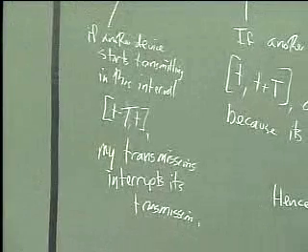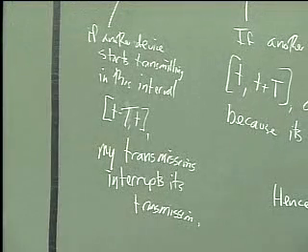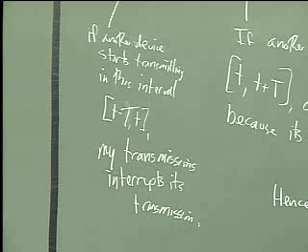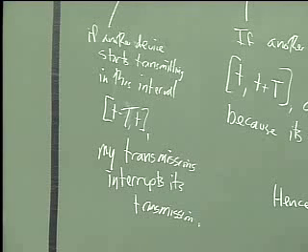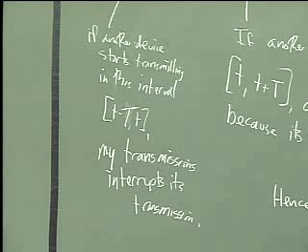Okay? So now, think of it this way. I'm going to start transmitting at time t. That means that no other device can transmit during the interval t minus capital T to t plus capital T, right?